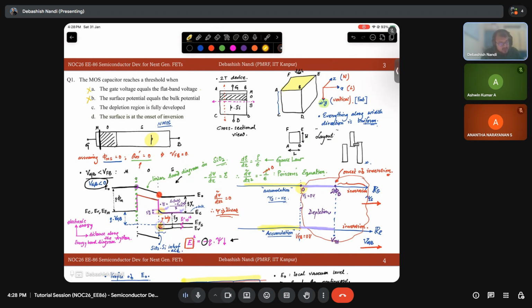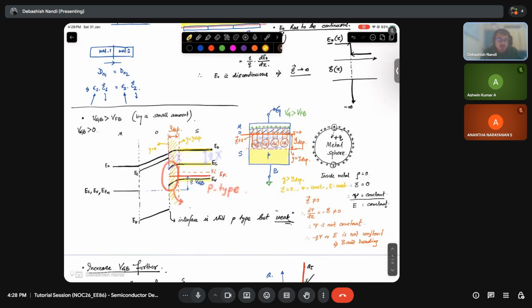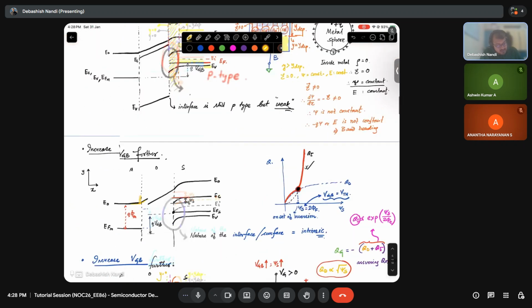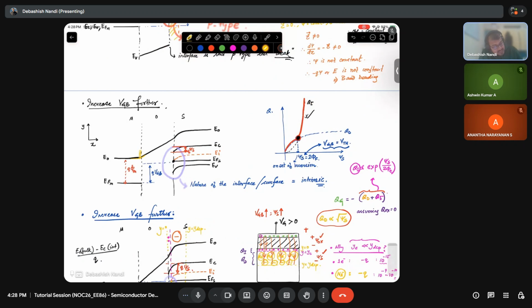Surface potential equal to bulk potential will happen in which case? What is bulk potential, by the way? Bulk potential is the Fermi level minus EI. This is what we have been discussing as phi F or phi B, right?